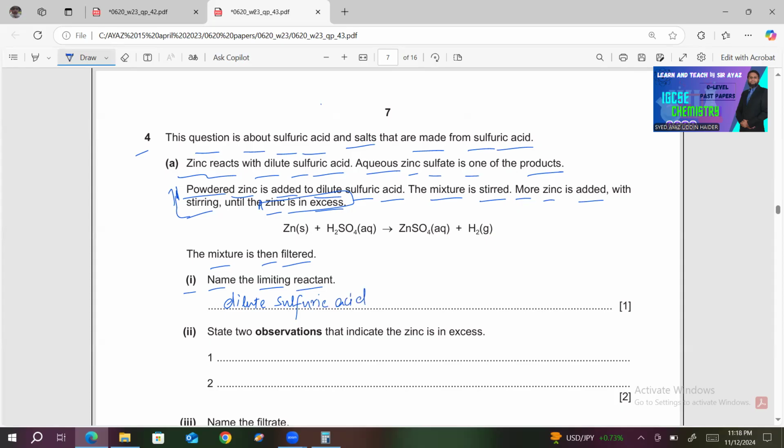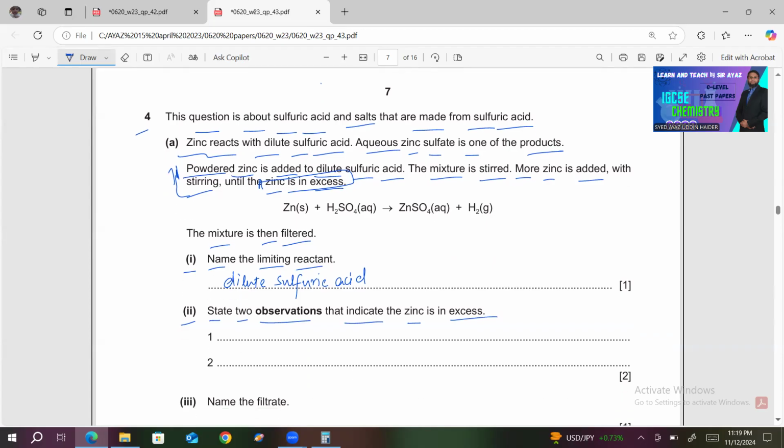acid. Number 2, state 2 observations that indicate that zinc is in excess. So one of the observations must be no more solid dissolves. This is the reaction between metal and acid. The gas is produced, we see the bubbles, there will be no bubbling. The bubbling stops.